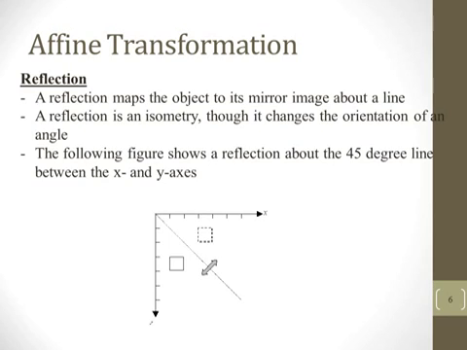This image shows a reflection about a 45 degree line between the x and y axis. As we can see, the transformed square is an image of the initial square with respect to the 45 degree line.